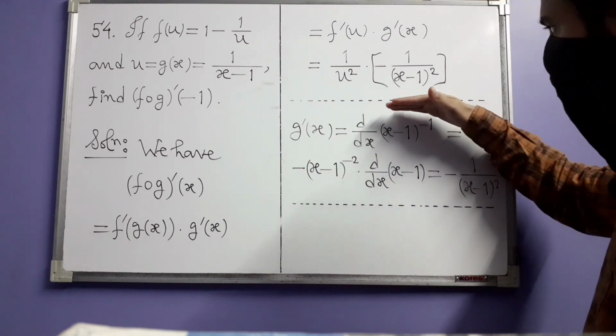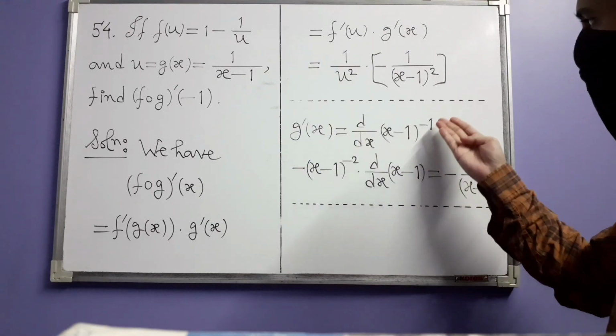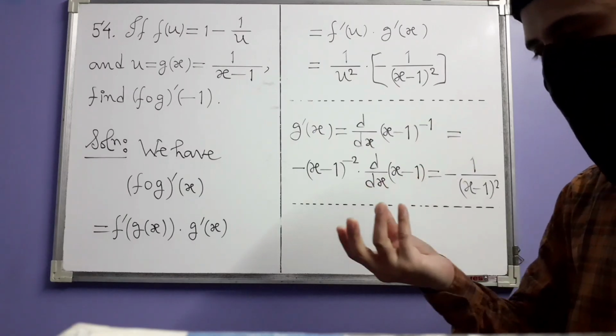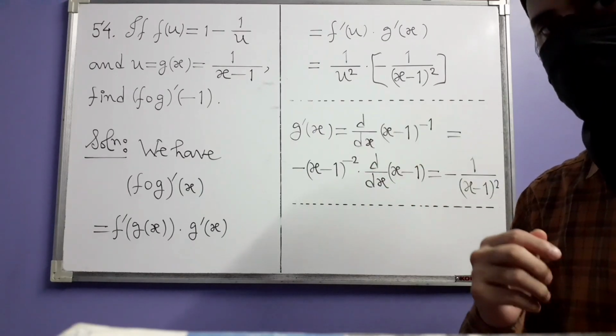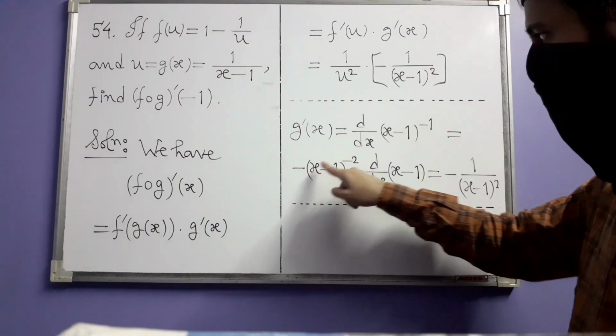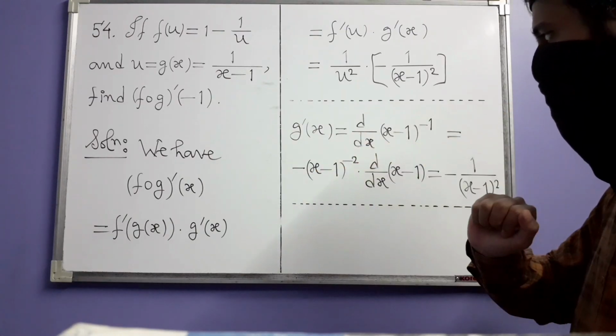So if you differentiate your ordinary reciprocal function, or here you are viewing it as your inner room to the power minus 1, you can apply the power rule with negative exponent. Minus 1 comes down, and then you subtract 1 from the exponent, you get minus 2.